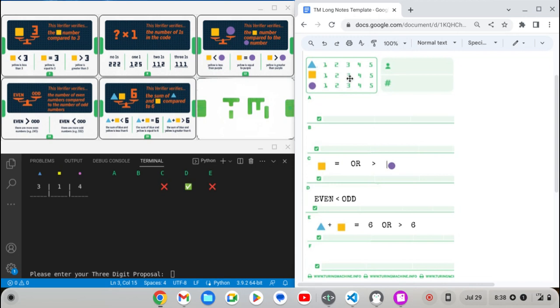Otherwise, that's 6. Then we'd have a couple of options for greater than. And it could be something like, then square is greater than circle, but no 1.